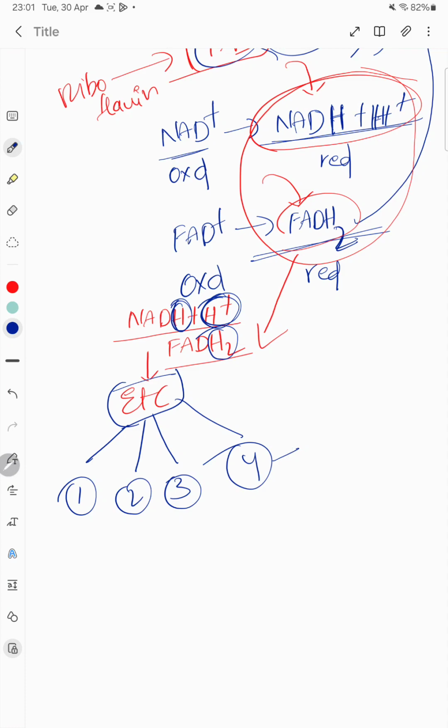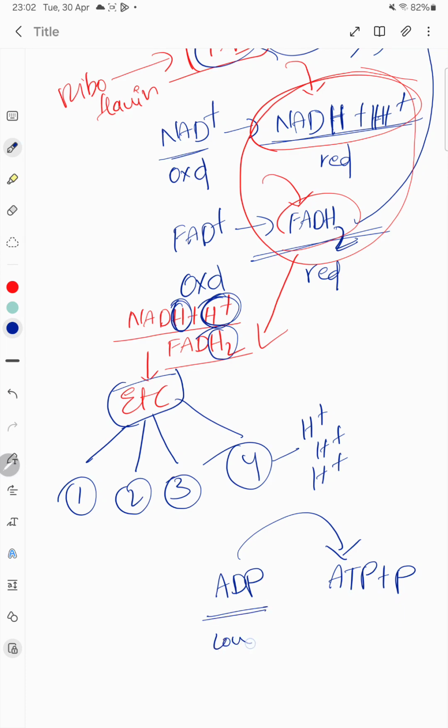These 4 complexes extract these H plus ions, and finally the electron transport chain together with the complexes extracts the H plus ions and utilizes them for the conversion of low energy ADP into ATP plus Pi. Okay, ADP means low energy, ATP means high energy. We are already in a low energy state. These H plus ions have energy, which we can call high energy.